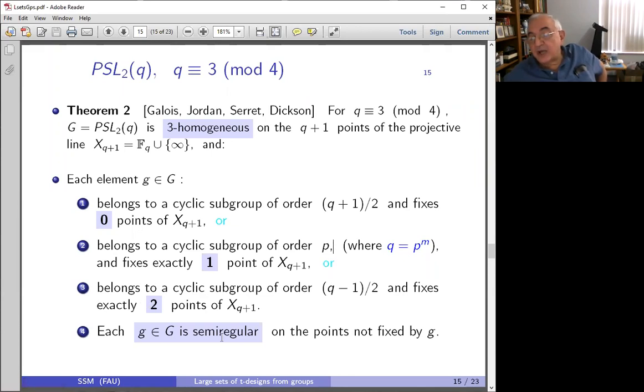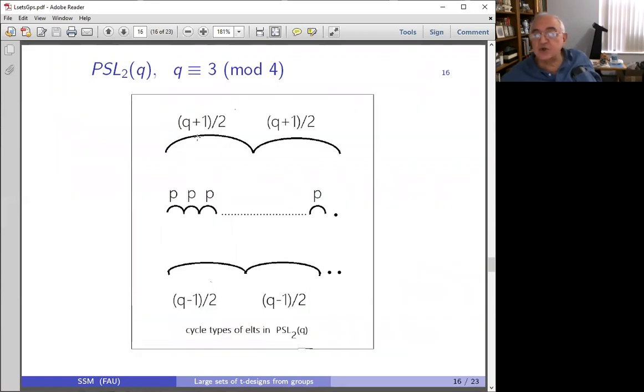And every group element is semi-regular. In other words, if you take the power of a generator in one of these cyclic subgroups, you get the fixed points, if any, and then every cycle has the same length as every other cycle. So here's a picture which shows what happens. For example, when Q is congruent to 3 mod 4, a cyclic subgroup of order Q plus 1 over 2 would have a generator that looks like this.